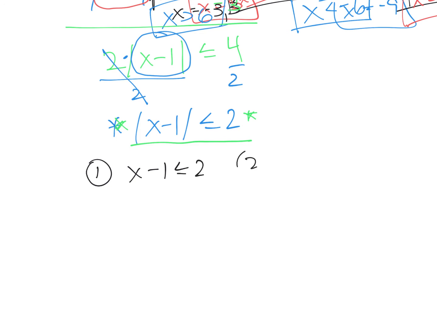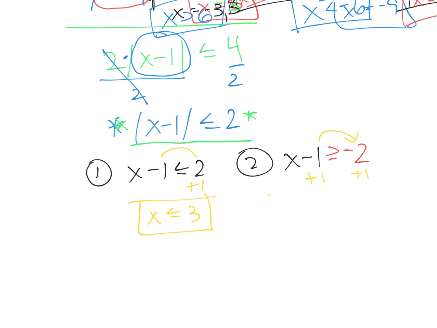And then the second inequality, I'm going to keep the left side the same. I'm going to flip the inequality and change it to a -2. I am going to now just solve for x. So I'm going to add the 1. So x is less than or equal to 3. Add the 1, right? Either way, however you do it, and x is greater than or equal to -1.